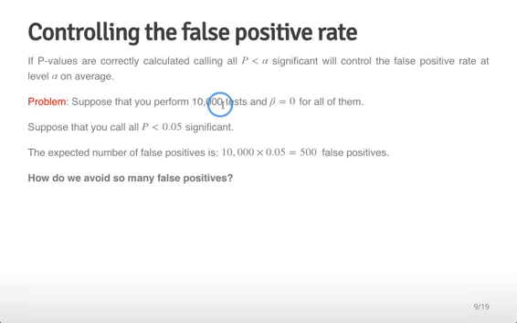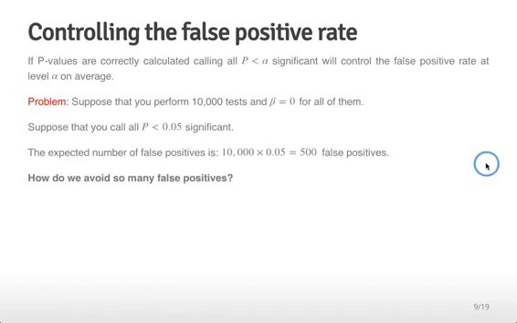If you call all p-values less than 0.05 significant, so we set alpha equal to 0.05, then the expected number of false positives is the total number of tests times the false positive rate you're controlling at, so you get 500 false positives. If you perform this many hypothesis tests and get 500 significant results, it's pretty likely that they're mostly going to be false positive results.